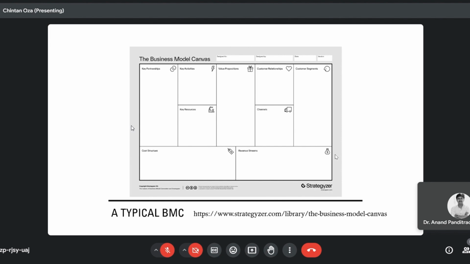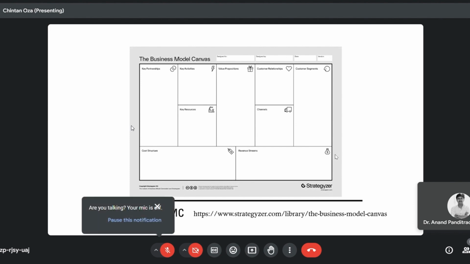Strategizer.com/library/the business model canvas. Once you click here, you would get to a PDF. That PDF would look like this page. This specific matrix table diagram is called the BMC.